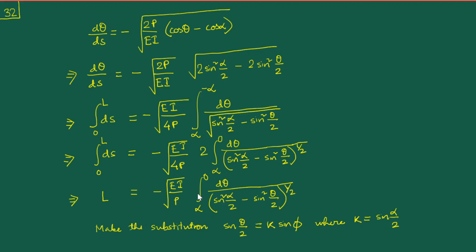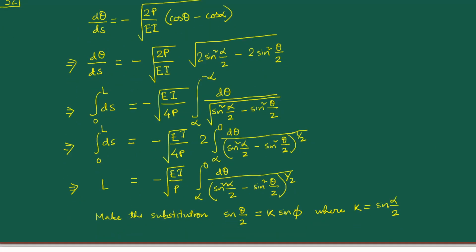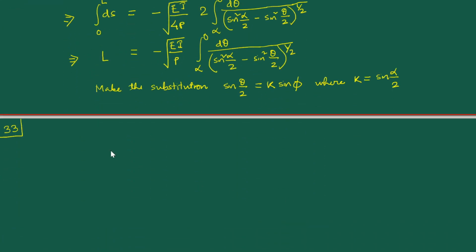So that is one motivation. So let me write this down. Therefore, L is equal to minus EI by P.